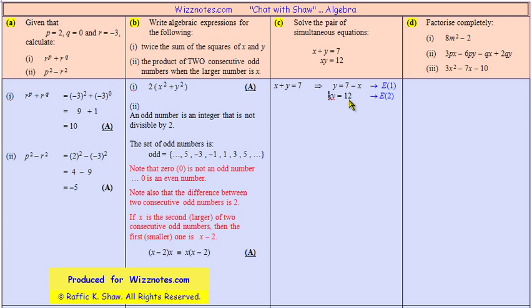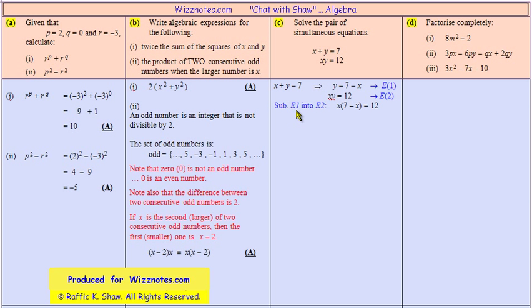And then xy equals 12 is now equation 2. Now we're going to be substituting the equation of the line into the equation of the curve. We're going to be substituting for y. So in the equation of the curve, we're going to replace the y with 7 minus x, and that's how we substitute.